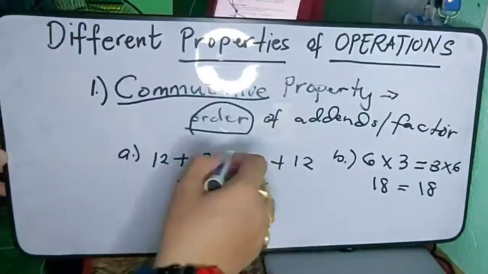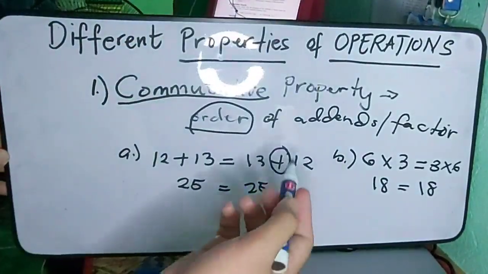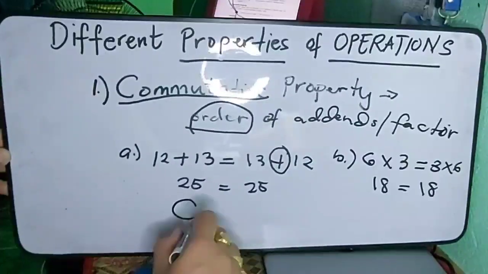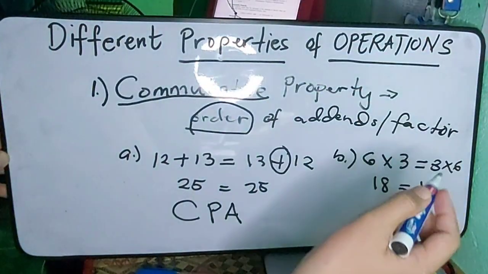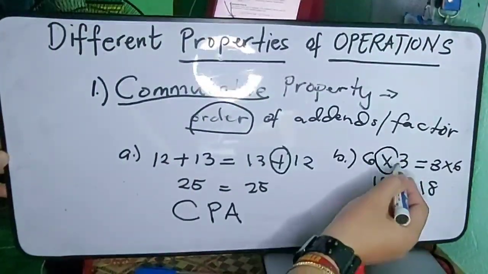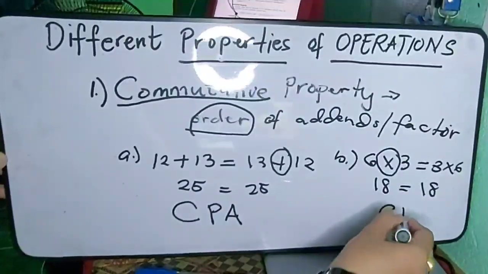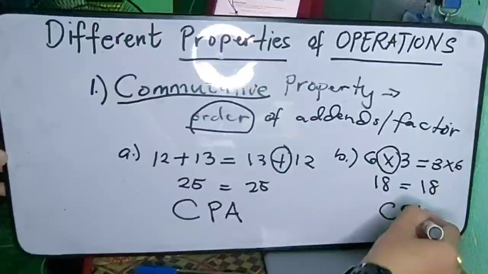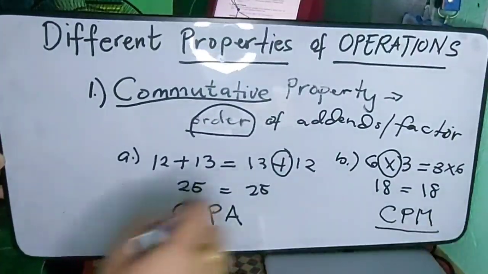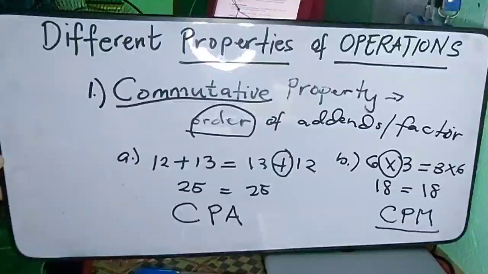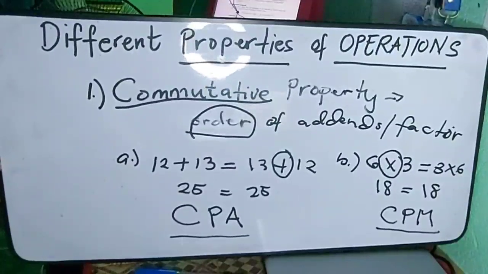If the operation is addition, we call this the commutative property of addition, or CPA. If the operation used is multiplication, we call it the commutative property of multiplication, or CPM.